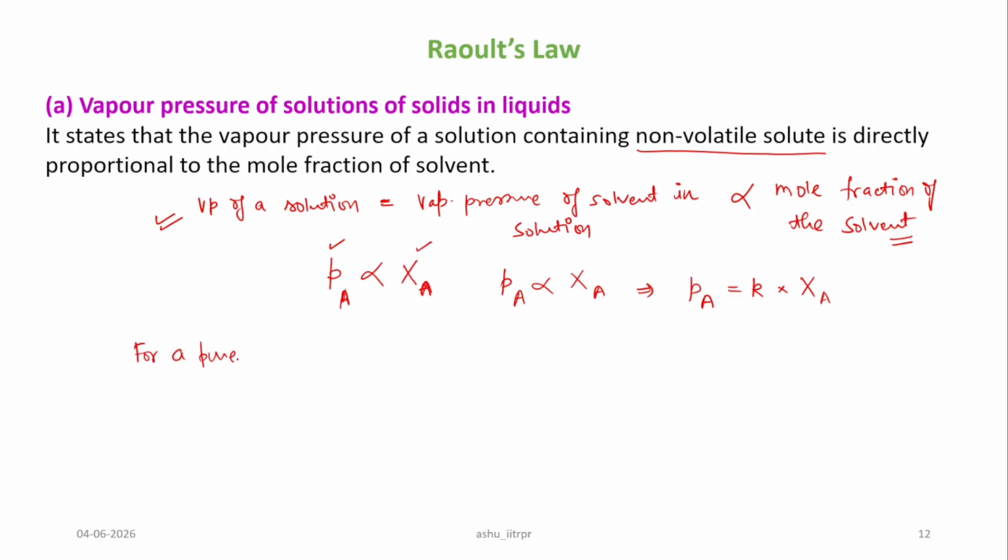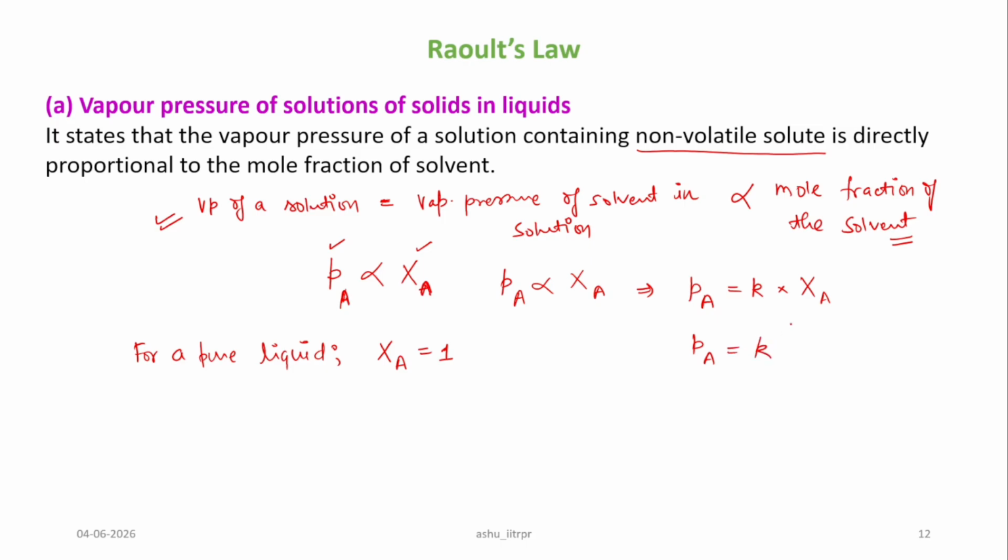For a pure liquid, suppose there is no solute, it is only pure liquid, that means only pure solvent. So for that, the mole fraction of the solvent will be 1, because the mole fraction of all components is 1, and if there is only one component, its mole fraction will be 1. So when this chi A is 1, put this value into this one, then what will we get?